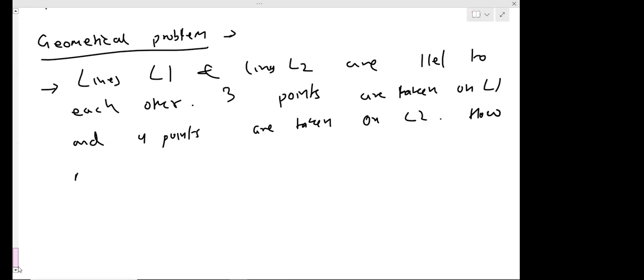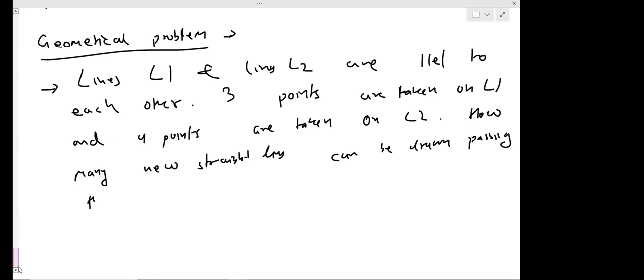How many new straight lines can be drawn passing through these points? Write down the question, I'll explain what it means.